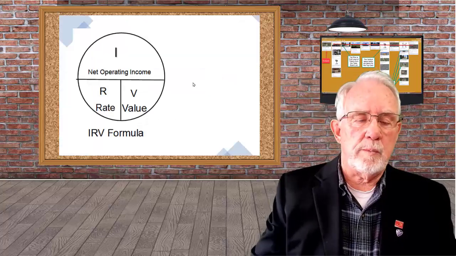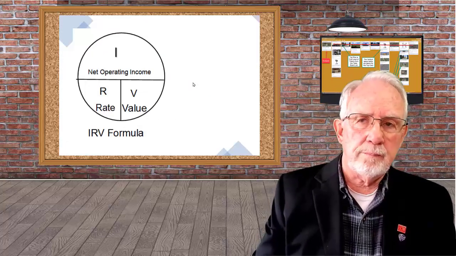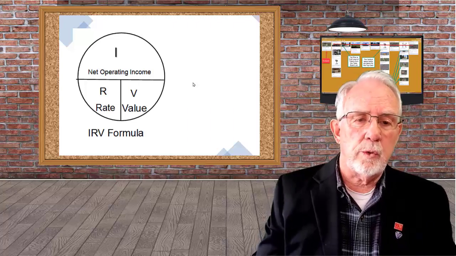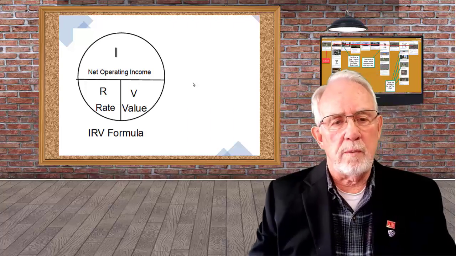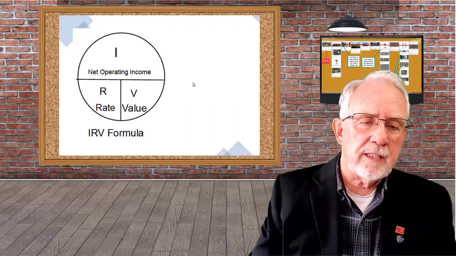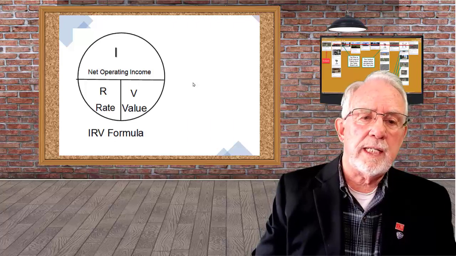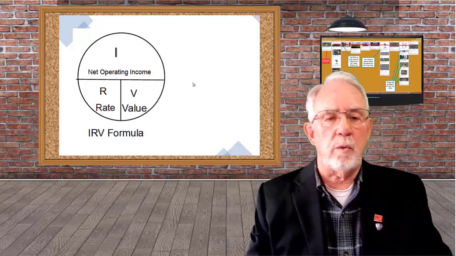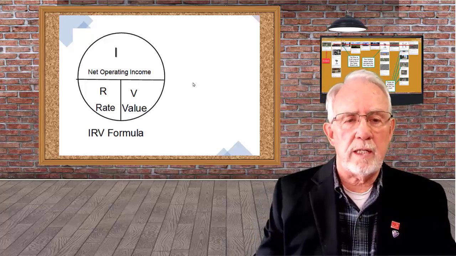Now, here's a formula that I use all the time, a very important formula, and when I go to a meeting, I usually just scribble this on a pad so I don't have to keep it in my head, and then I can see the net operating income, and then I can determine a rate and a value very quickly and very easily.